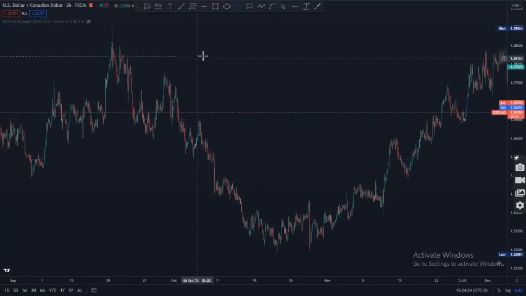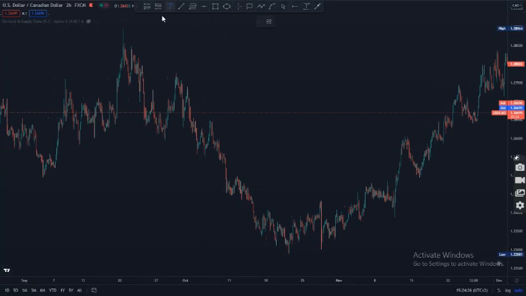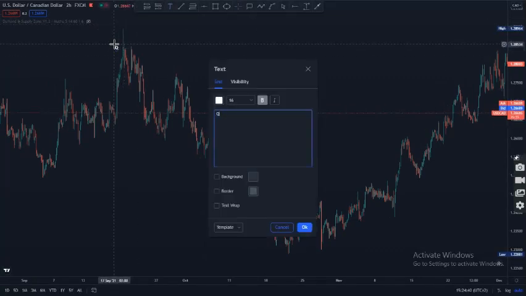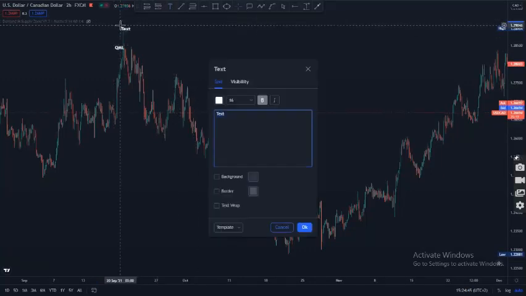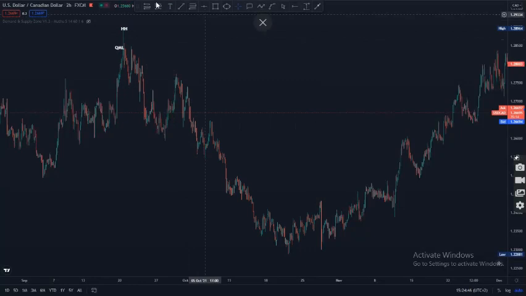Okay, so right here, I'll go to the lower time frame. I had my QML right here, and my higher high was on top here, and my low was right below here, and I had the break of structure right there.